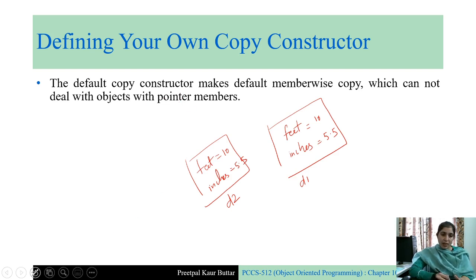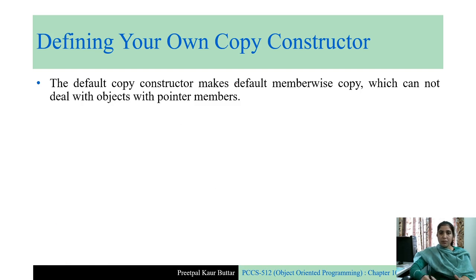Let us take another example to explain this. Suppose you have a class dummy, and it contains two normal variables, int a, int b, but it also contains a pointer variable, int star p.